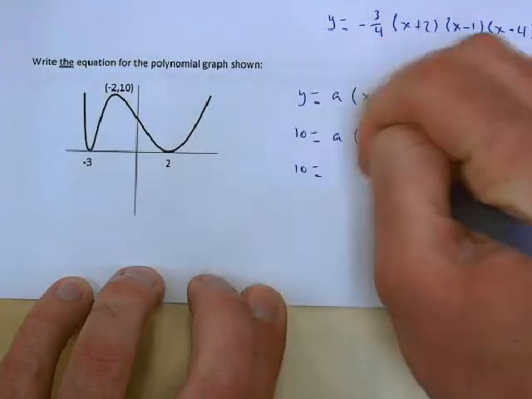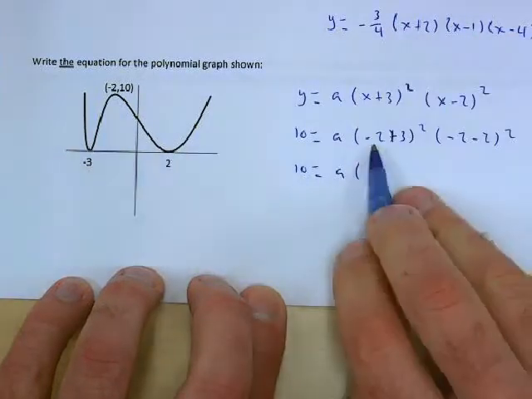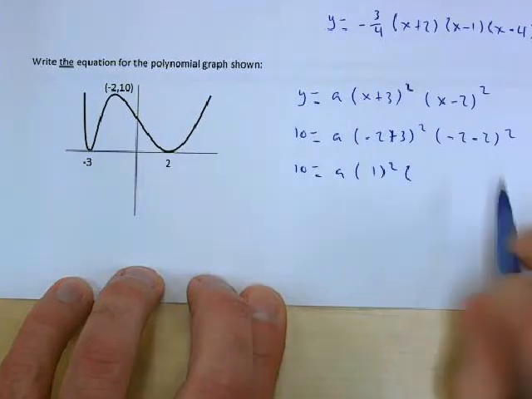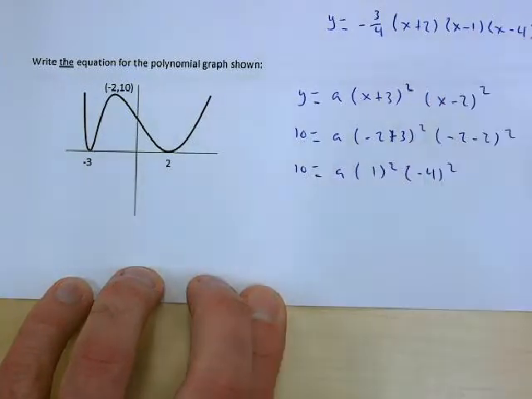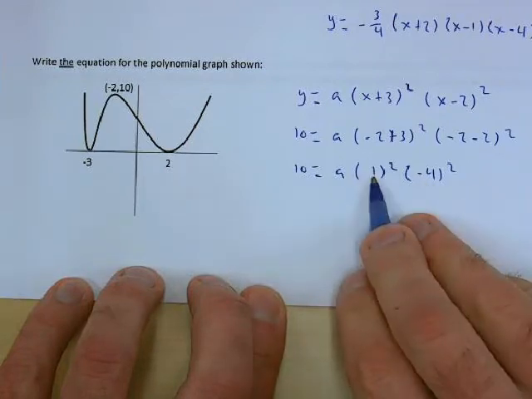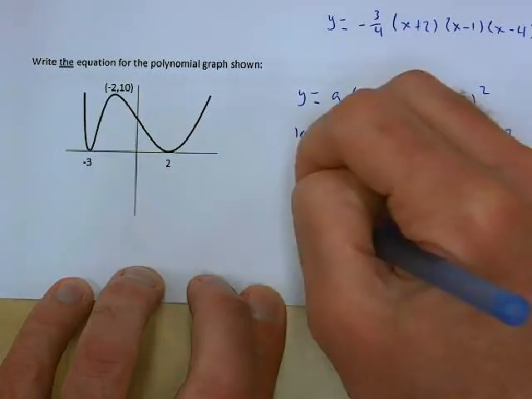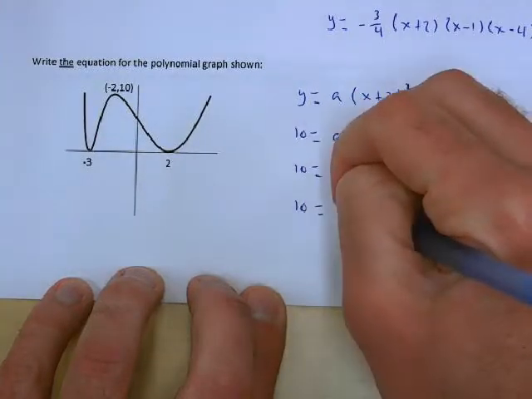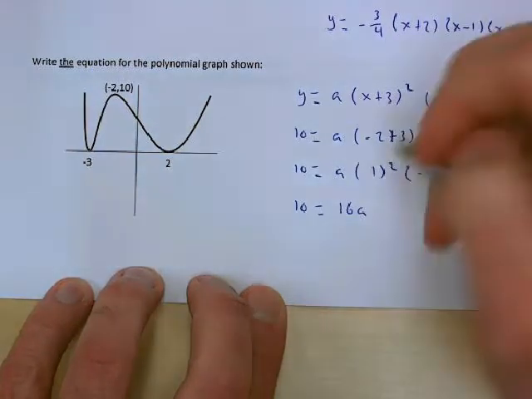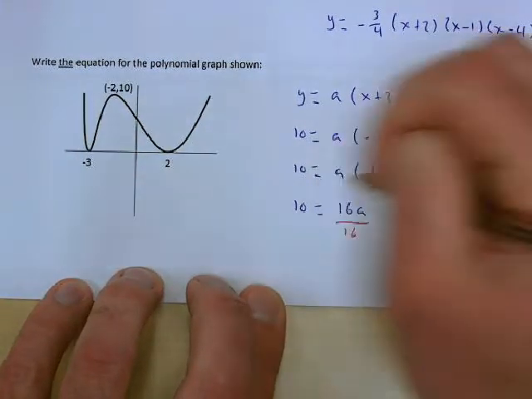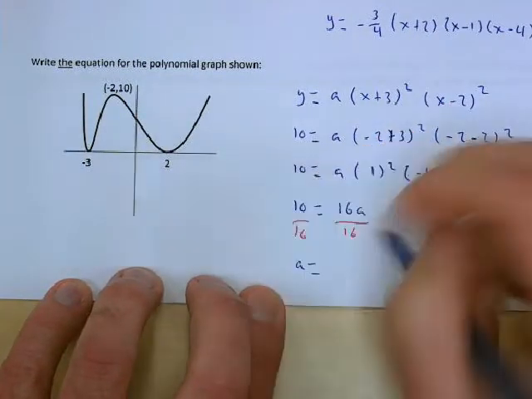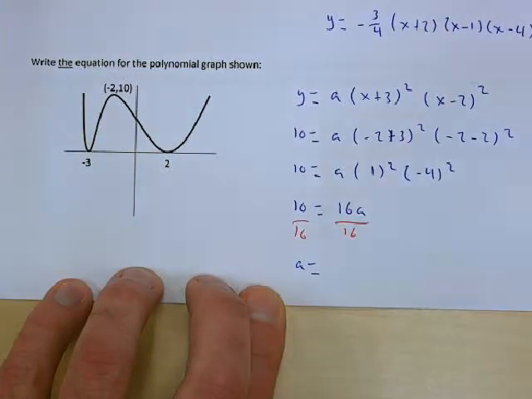So 10 equals a times -2 plus 3 is 1 squared, times -4 squared. -4 squared is 16, 1 squared is 1, and 16 times 1 times a is 16a. Then divide both sides by 16, and we get a equals, reduce that, 5/8.